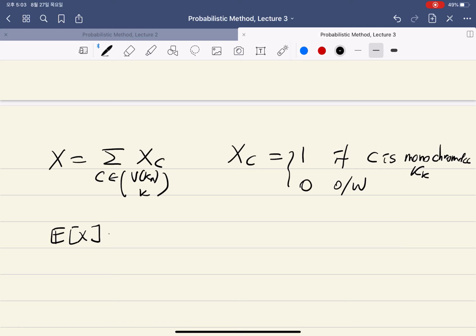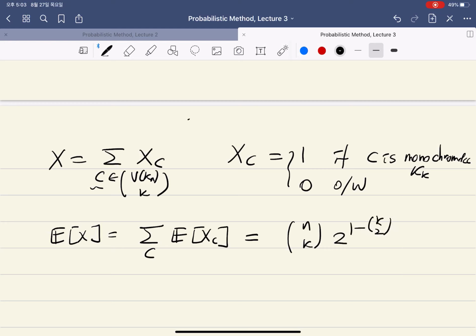Then the expectation, by linearity of expectation, is just the summation of these. There are n choose k many choices of C, and the probability that it's monochromatic: there are k vertices, so the number of edges is k choose 2. All of them are red with probability 2 to the minus k choose 2, and all of them are blue with the same probability. You add them together, then you get 2 times that.